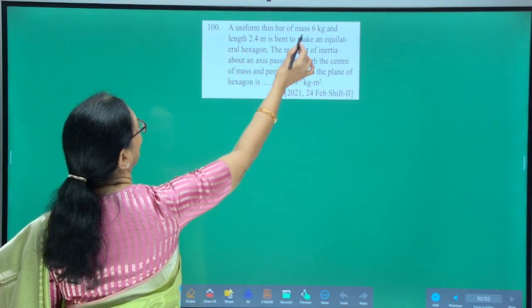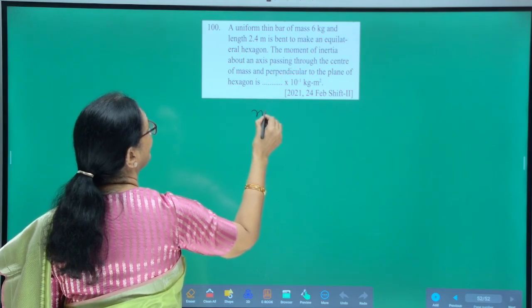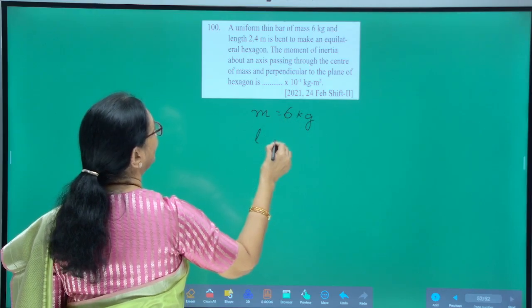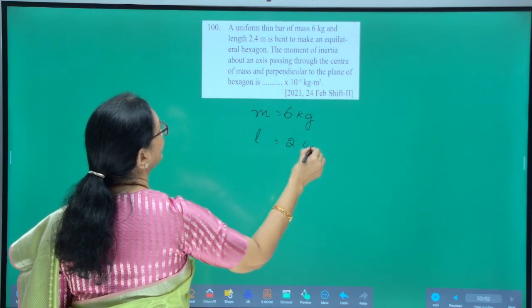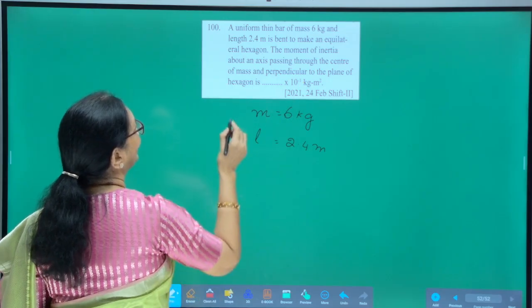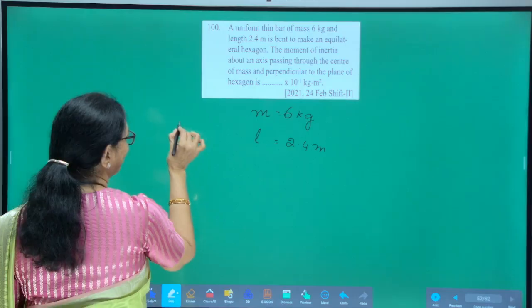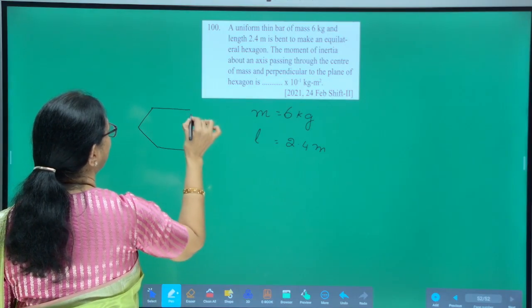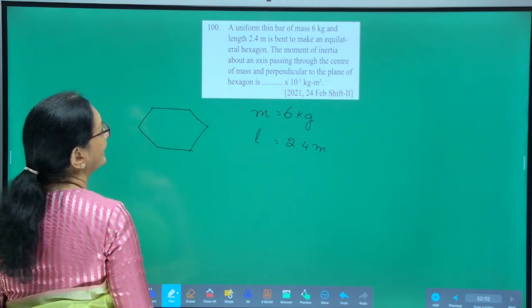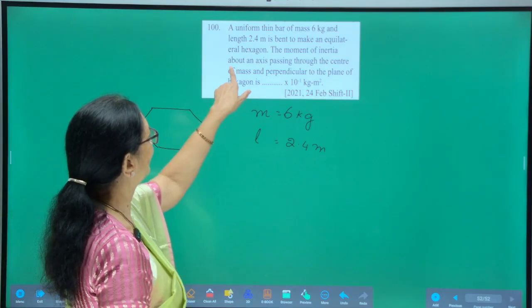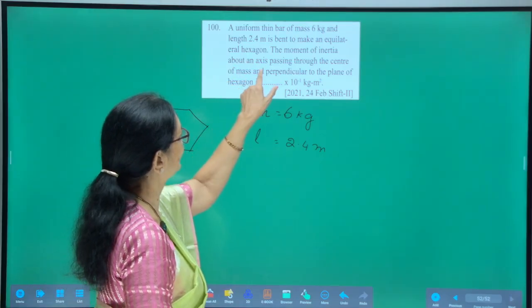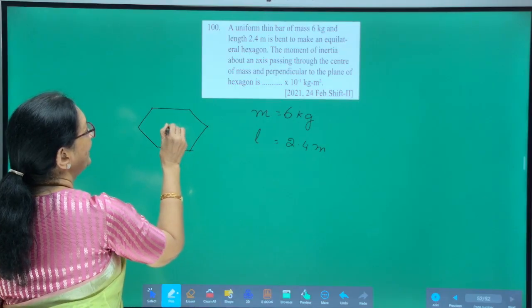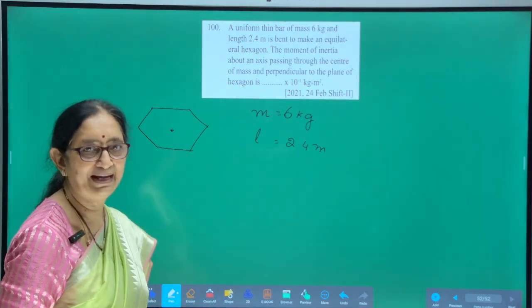A thin uniform bar of mass 6 kg and length 2.4 meters is bent to make an equilateral hexagon. Look here, let this be an equilateral hexagon, all sides are equal. Moment of inertia of this about an axis passing through the center of mass and perpendicular to the plane of the hexagon.